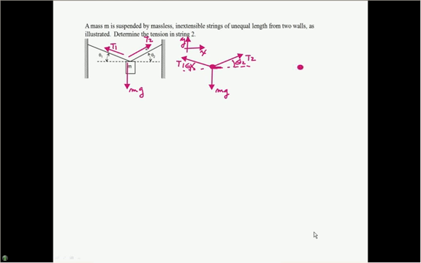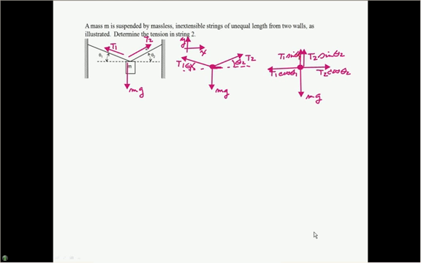We're going to have this component of T2, T2 cosine theta 2, this component, T1 cosine theta 1, mg, T2 sine theta 2, and T1 sine theta 1.